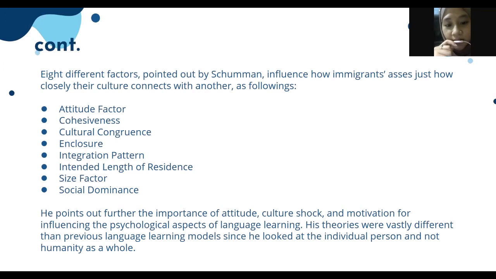He points out further the importance of attitude, culture shock, and motivation for influencing the psychological aspects of language learning. His theories were vastly different from previous language learning models since he looked at the individual person and not humanity as a whole.